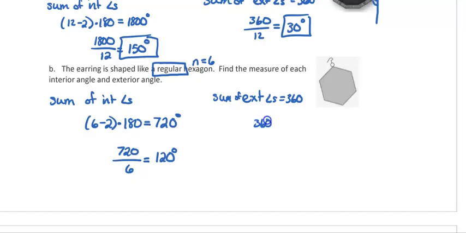So you have 6 exterior angles since it has 6 sides. You take 360 divided by 6, and each exterior angle is 60 degrees, which once again makes sense because if this was 120 degrees for an interior angle, when you extend the side, here's your exterior angle, and it makes sense that would be 60 degrees. Together they form 180 because they are a linear pair.